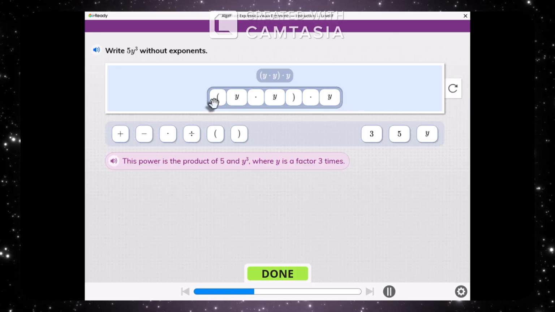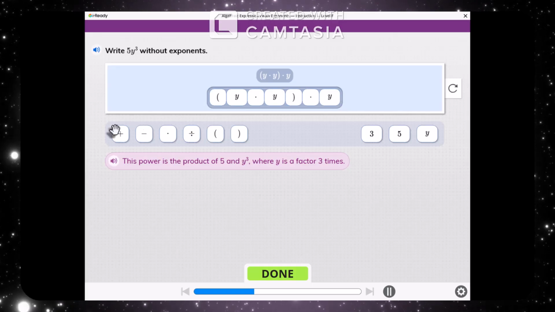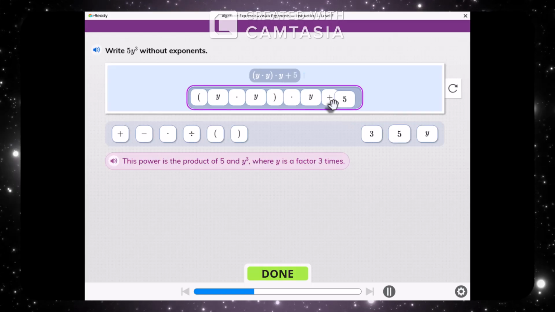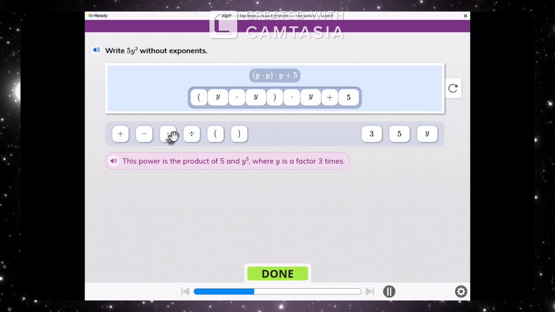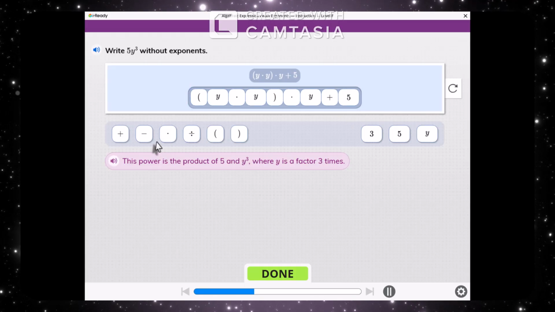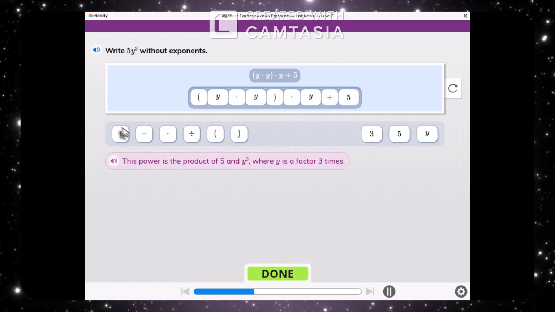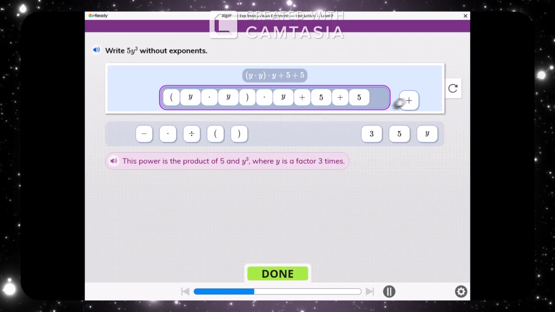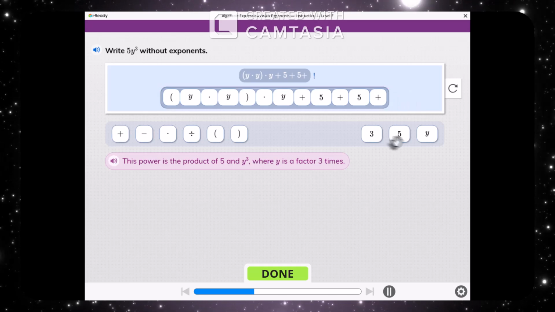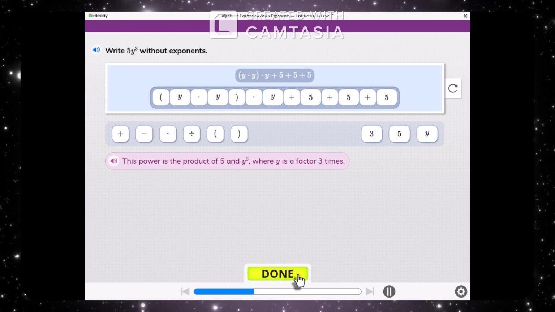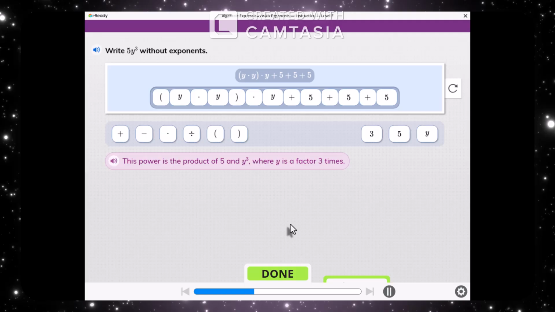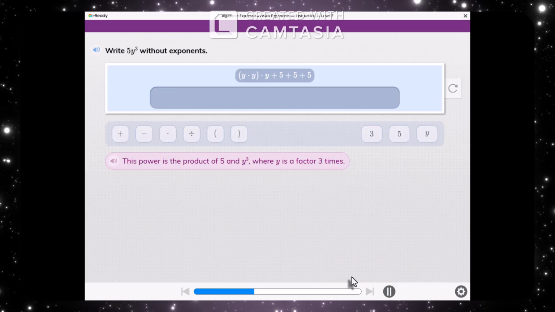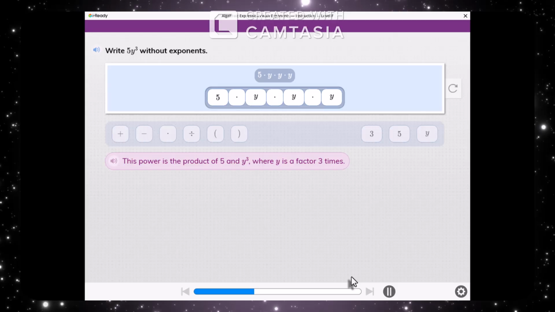And then it's going to be plus 5. If it's times or plus, I don't know which one. I'm just going to do plus 5, but it could be times. This is hypothetically speaking. Okay, 5y cubed is equal to 5 times y times y times y.